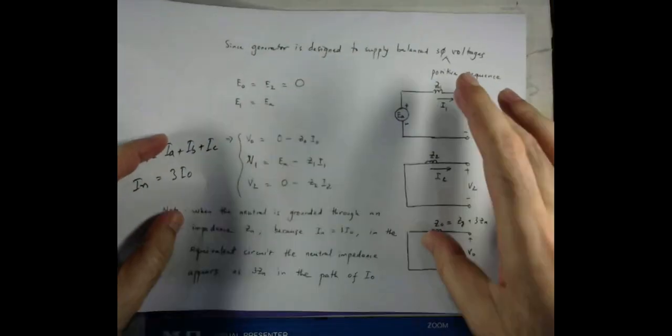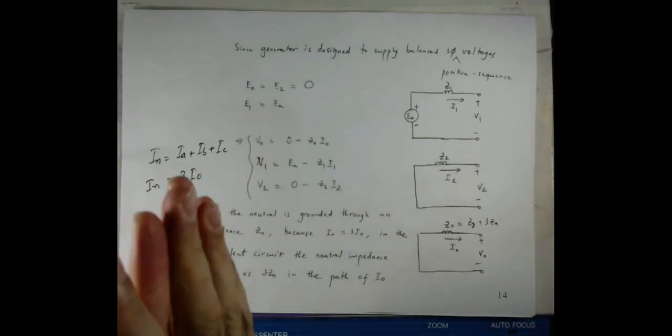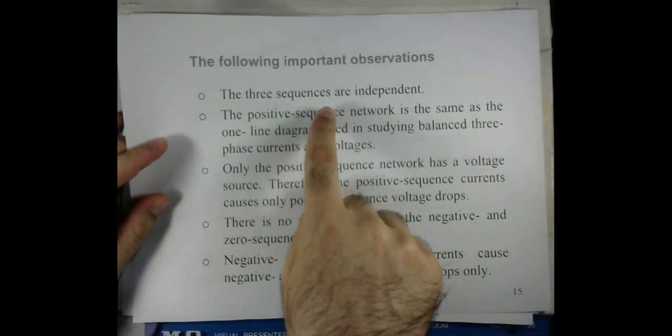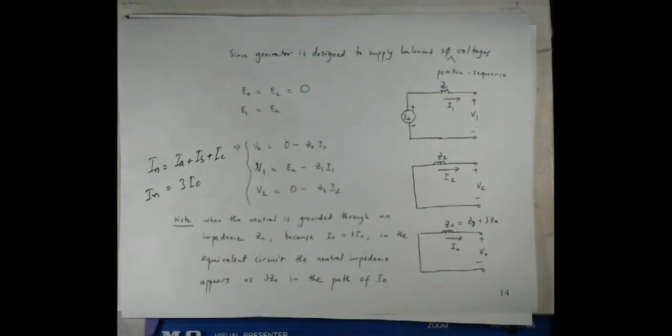So we have discussed the three sequence networks of the synchronous generator, and the important observation that we can now draw is that the three sequences are independent. We even discussed this point before, that these three sequence networks are uncoupled.